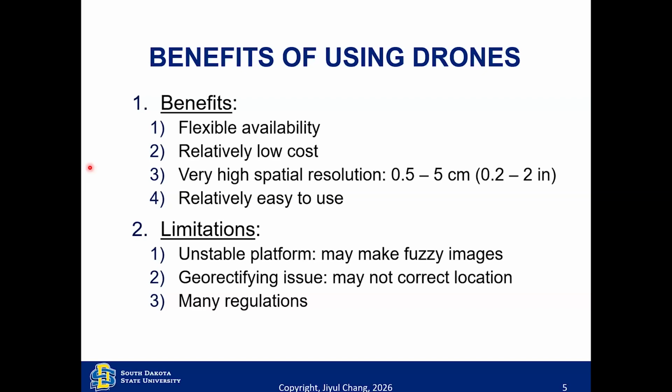For example, if you scan a 160-acre field, you have to take about 600 images. Then to make a big map of the one field, you have to stitch all these small images. During this stitching and geo-rectifying, the location may not be correct. And the third one is many regulations. I will talk about these regulations a little bit later.